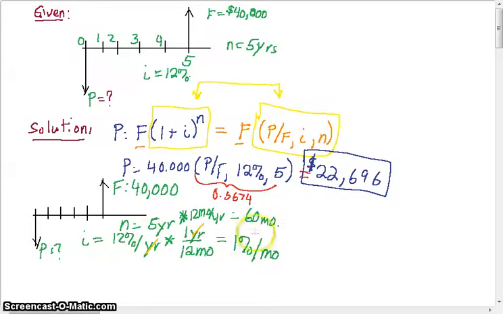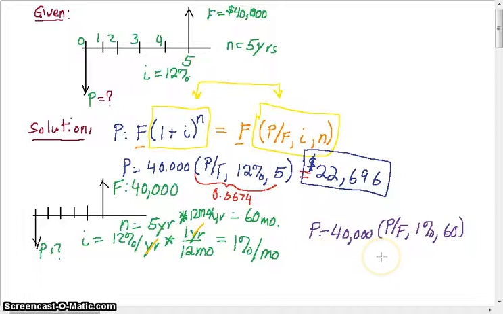Okay. So we can quickly solve this problem now. Again, using the functional notation will be easiest. Again, P equals 40,000 times find P given F at some interest rate, which in this case is 1% per month for 60 months.